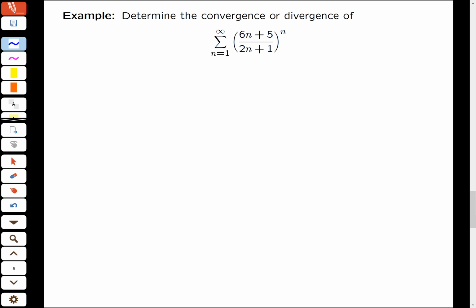Okay, so we're looking at this next one. Determine the convergence or divergence of this series. Notice it's everything to the power n, so the root test is going to be the easiest here. An is going to be 6n plus 5 over 2n plus 1 raised to the power n. So let's take our limit.